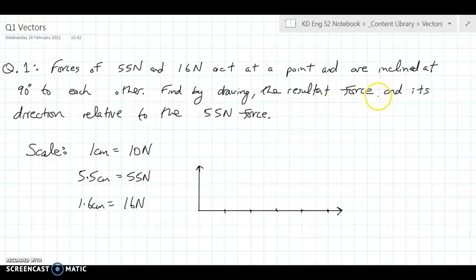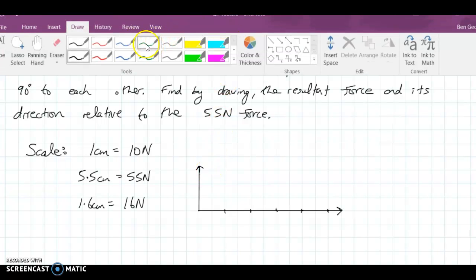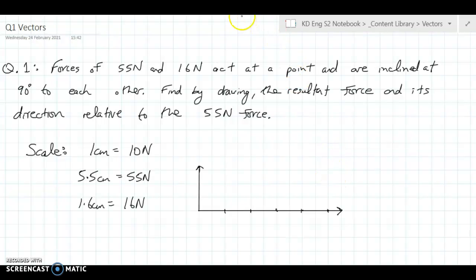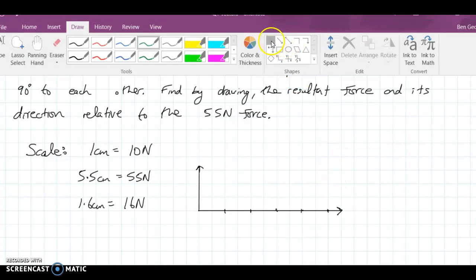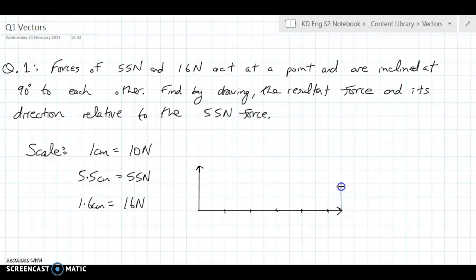Now, find by drawing the resultant force. Well, using the parallelogram method, I can draw another line over here, like this, opposite my 1.6 line.